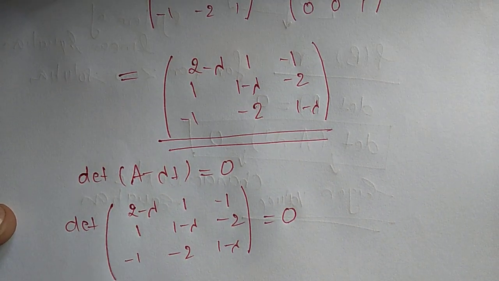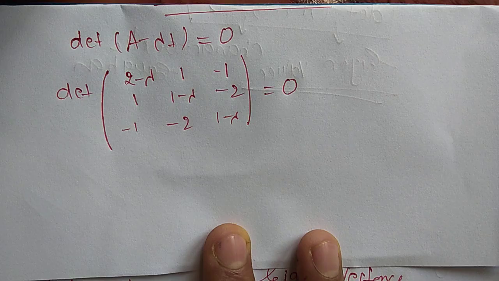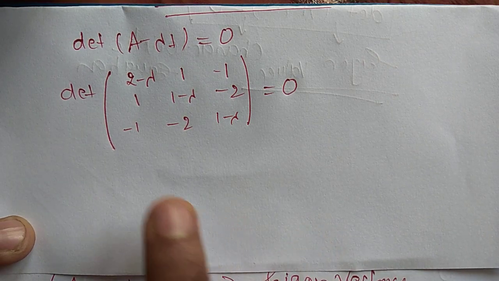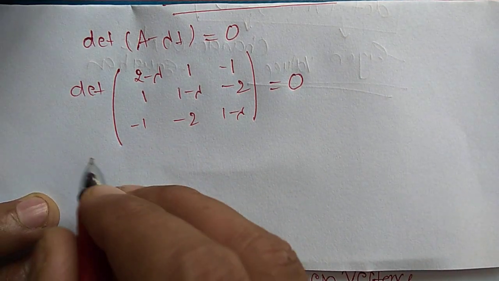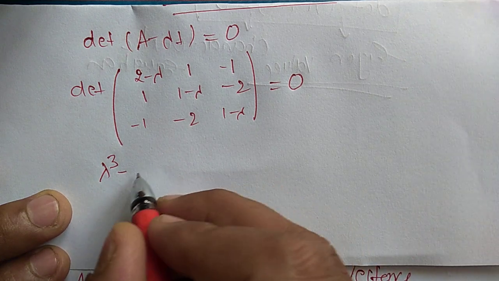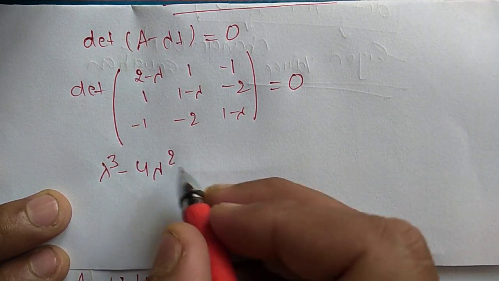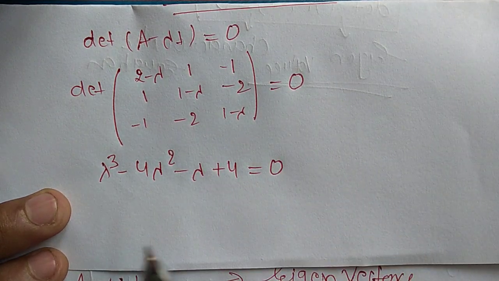If you find the determinant, we get one cubic equation in lambda: lambda cube minus 4 lambda square minus lambda plus 4 equal to 0.